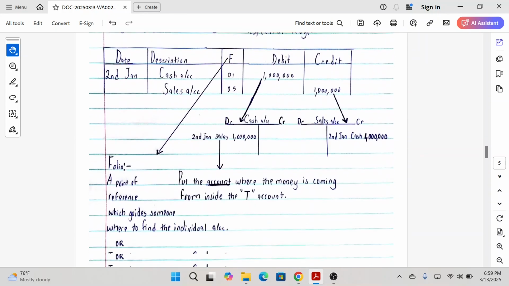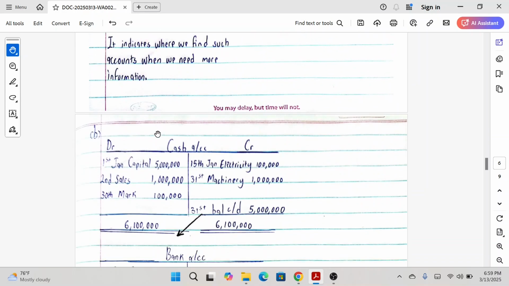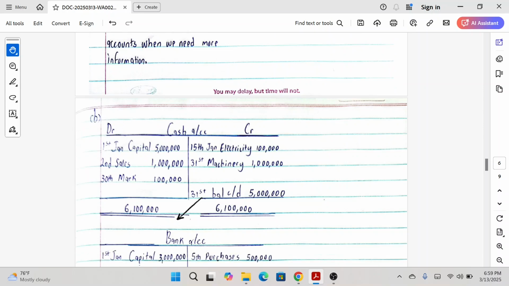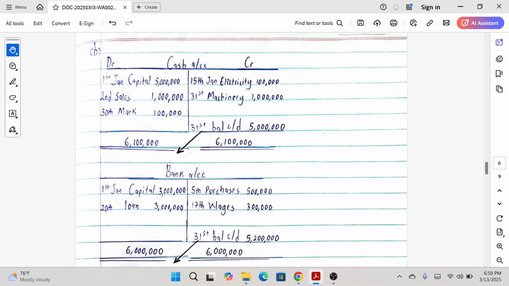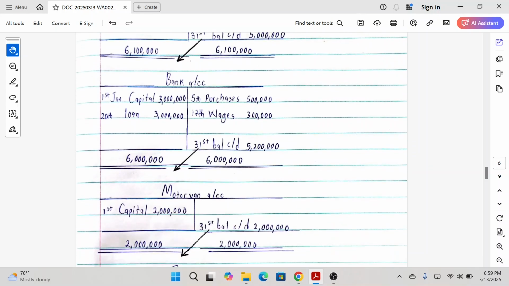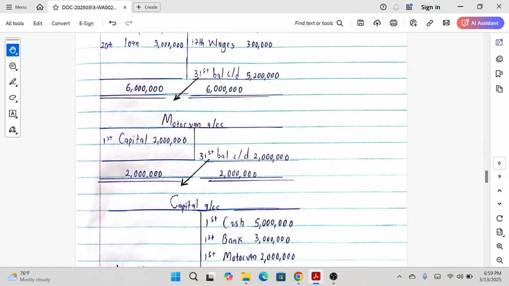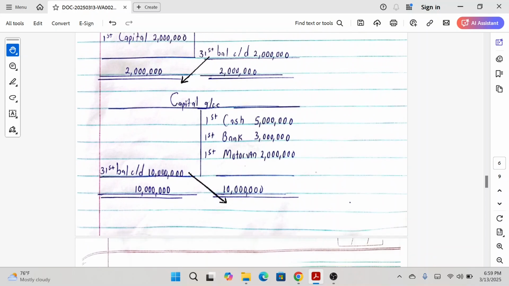So this is when you come and give it a title, cash. This is the title of the T account. Give it a debit side and a credit side. So this is one. We also draw one for bank. Also go in for motor vehicle. Those are 3. Capital.